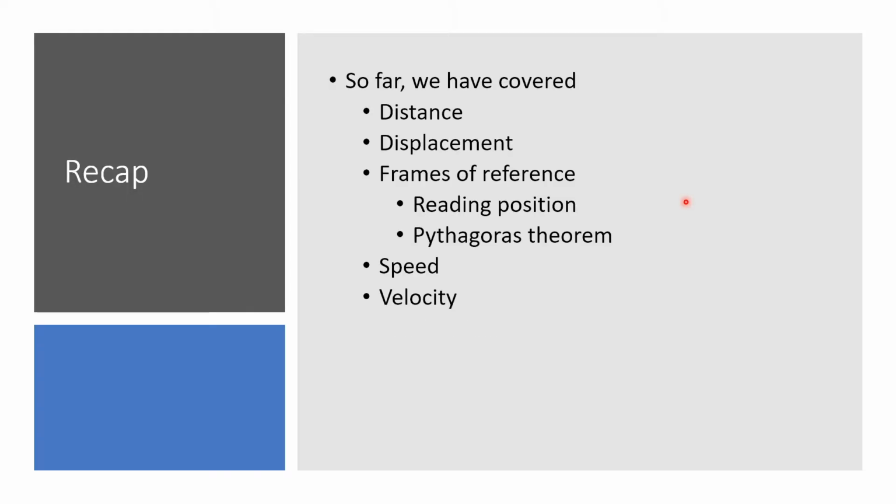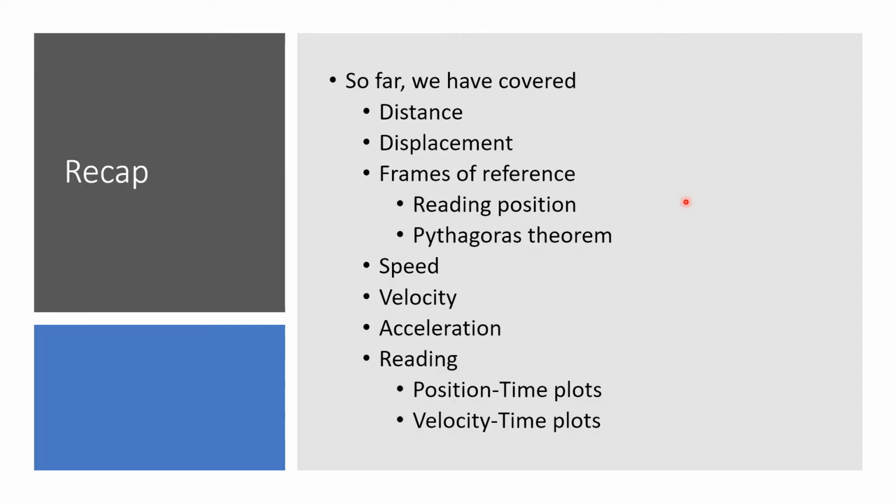And that includes that we've gone through distance, displacement, frames of reference, which includes both reading the position and how to extrapolate data out of it, which includes stuff like the position from the measuring location or the point of reference, right? Using Pythagoras theorem.